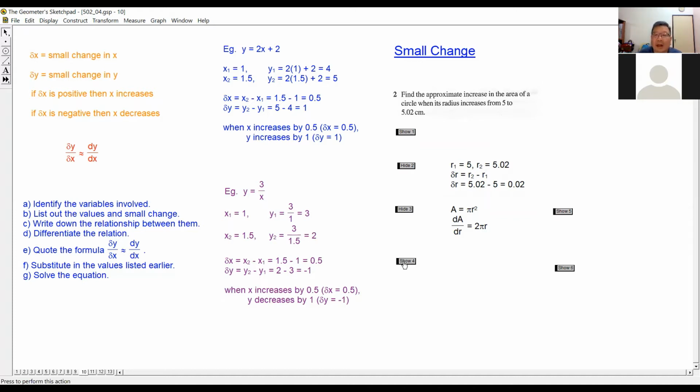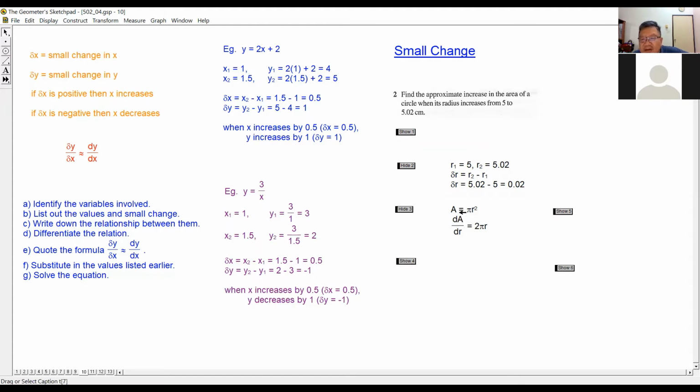Quote the formula. Correct. What is the formula for this topic? Delta y over delta x equal to dy dx.